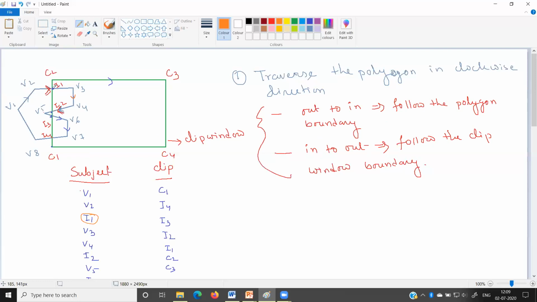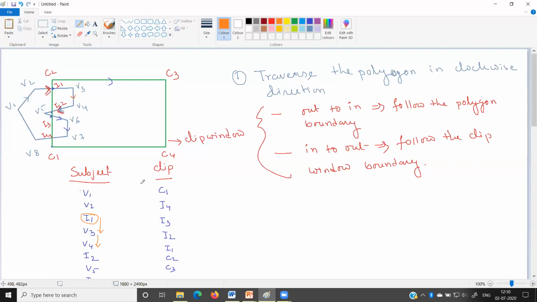That means I follow I1 to V3. V3 and V4 are both inside, so no problem, you continue the traversal. Then V4 to V5: while you are moving from in to out, follow the clip window boundary.